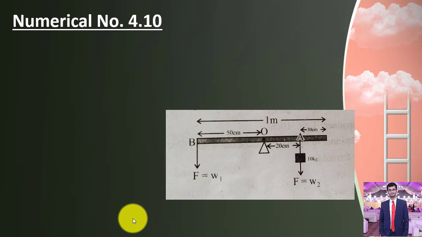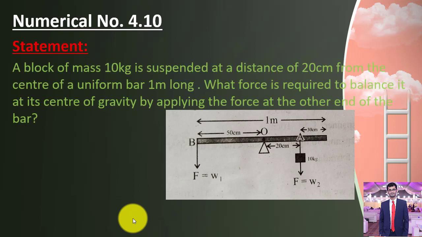Now students, coming on to our last numerical, the statement is a block of mass 10 kg is suspended at a distance of 20 cm from the center of a uniform bar 1 meter long. Dear students, you need to understand this statement according to this diagram very carefully if you need to solve this question.